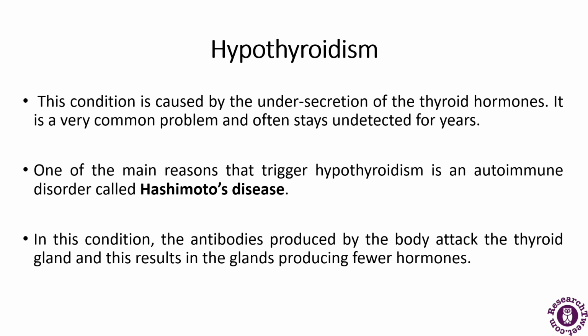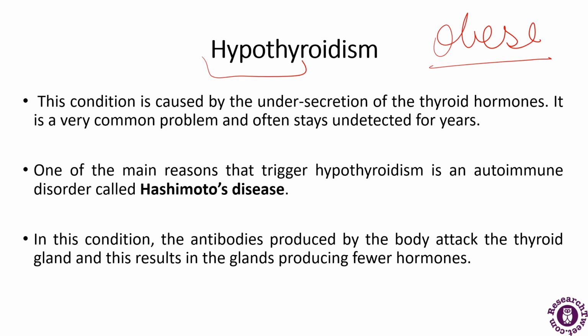The next is hypothyroidism, which means there is less secretion of thyroid hormones by the thyroid gland. In this, the person will become obese, or you can say the person will gain a lot of weight. It is a very common problem and it often stays undetected for years.